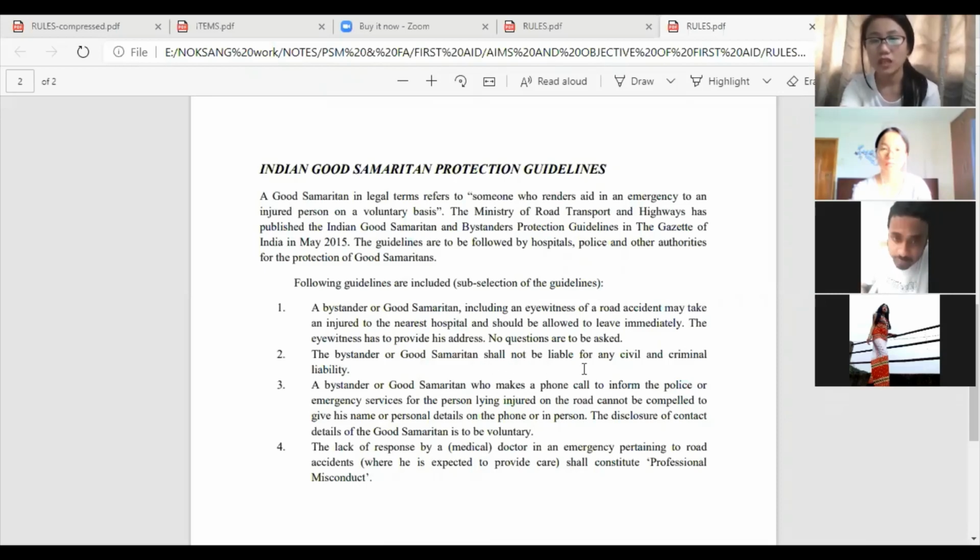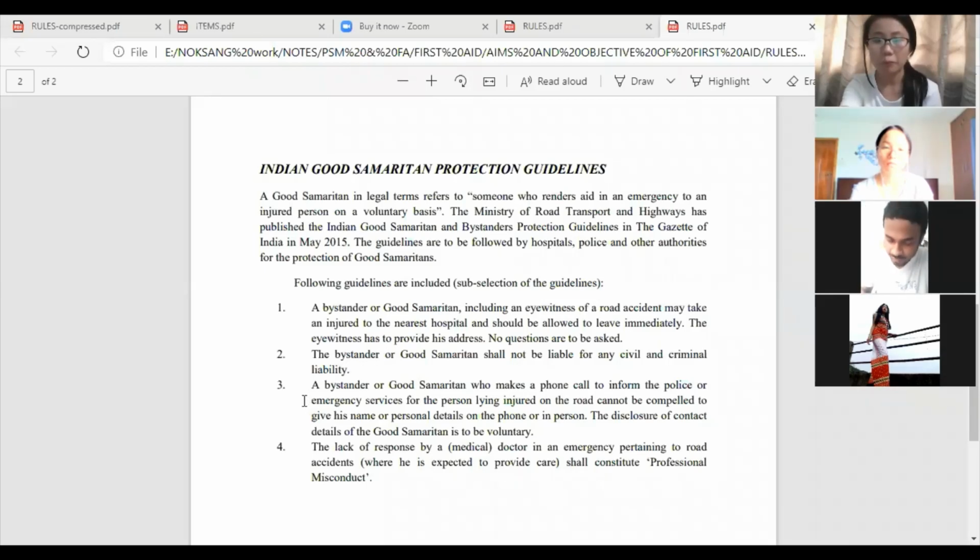He or she will have to stand in front of the police and tell where the things have gone, because there can be some kind of stealing also. There can be a situation where the first aider is helping the patient while stealing his personal belongings, in the form of money, jewelry, anything. So that bystander shall be liable for any civil or criminal liability. It's a crime.